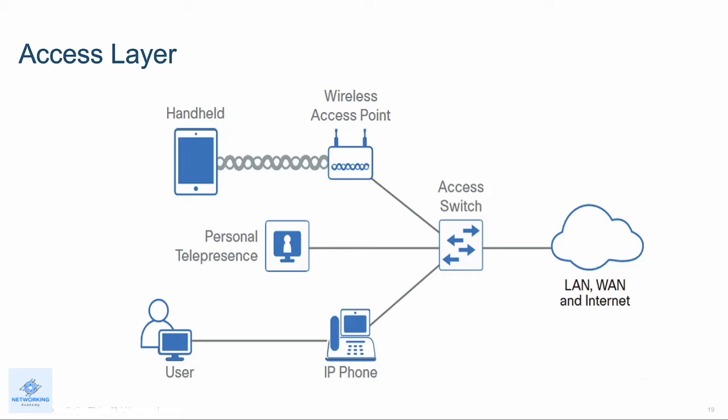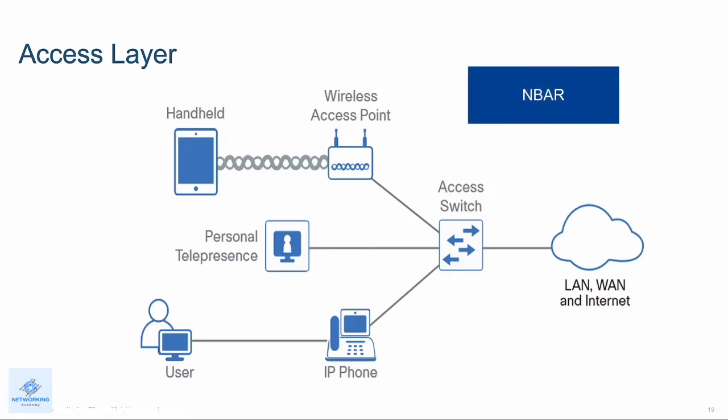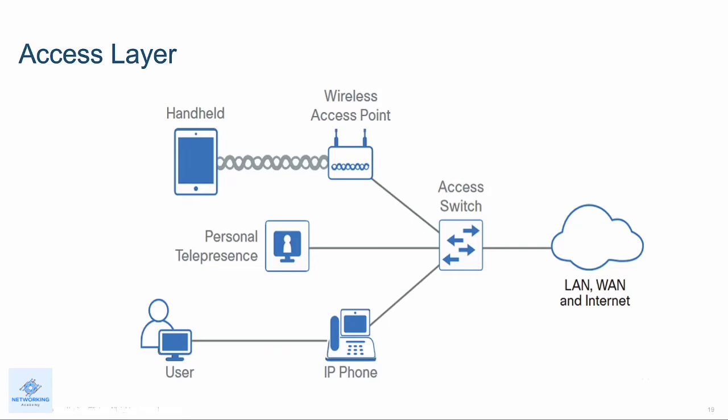What I'm talking about is something called NBAR, Network-Based Application Recognition. With NBAR, it takes a look at layers 4 through 7 to identify applications that are running, both internal applications as well as commercial applications. It could be FTP, it could be Telnet, it could be some commercial database application, or it could be something like Slack, which is a public video conference solution, that sort of thing.